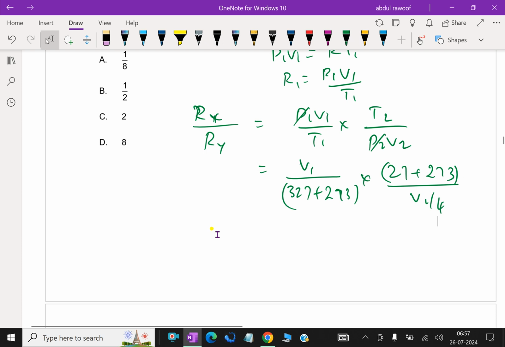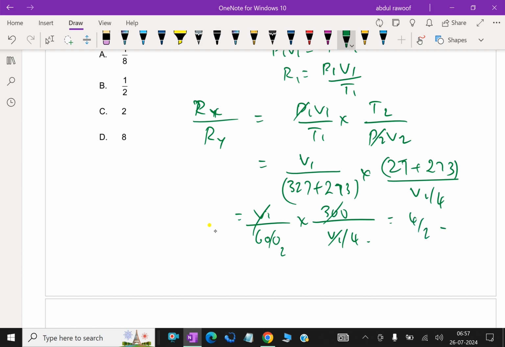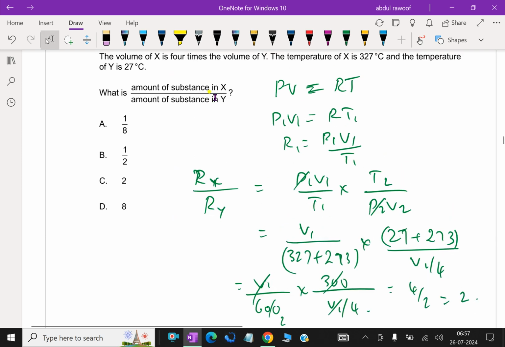So V1 by 600, simplifying this, 27 plus 273 is 300, over V1 over 4. This is 4 over 2, that is 2. So the amount of substance in X over the amount in Y is 2. Option C.